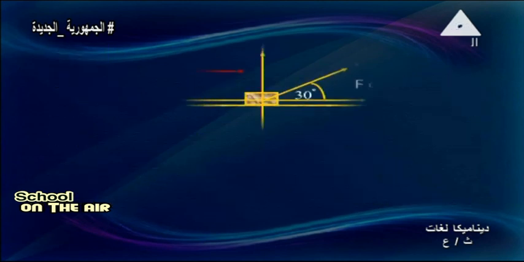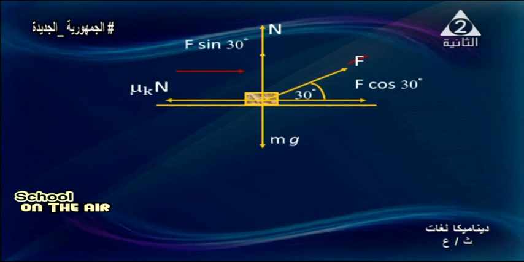Now we have a rough horizontal plane and a body of mass 12 kilogram placed on the plane. The coefficient of static friction equals root 3 over 3, but the coefficient of kinetic friction equals root 3 over 4. And a force of magnitude F acts on the body in a direction inclined to the horizontal with an angle of measure 30 degrees upward.